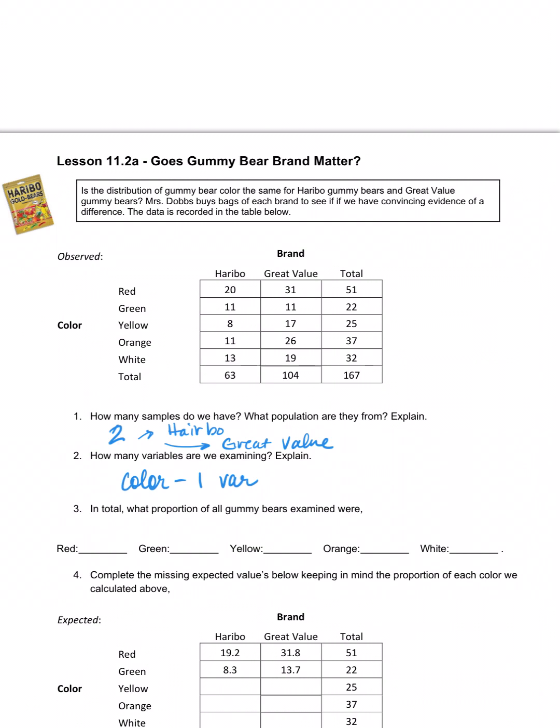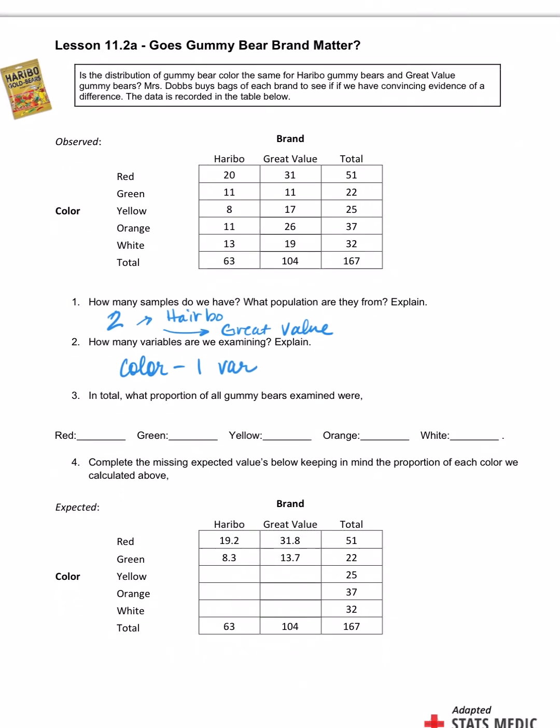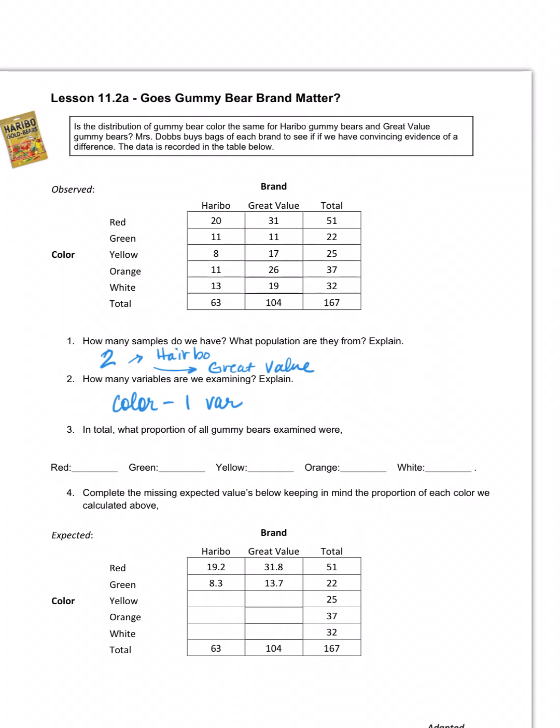However, here it is. Now, in total, what proportion of gummy bears examined were red? How would I find that? Do the total of red divided by the total of all. So 51 over 167, right? That comes out to 0.3054.